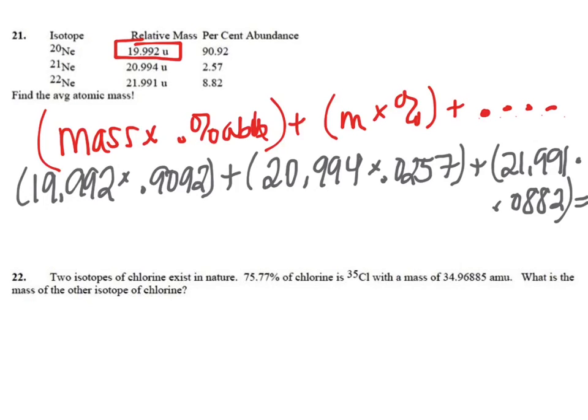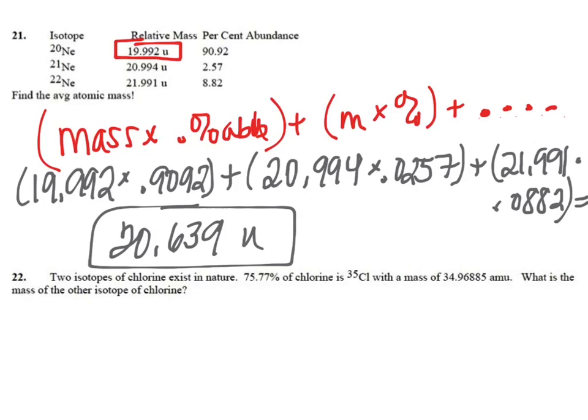So put those in the calculator and tell me what you get. 20.639, and our units are u's, or you may see it as AMU's. And it comes out to be pretty close to what's on the periodic table.